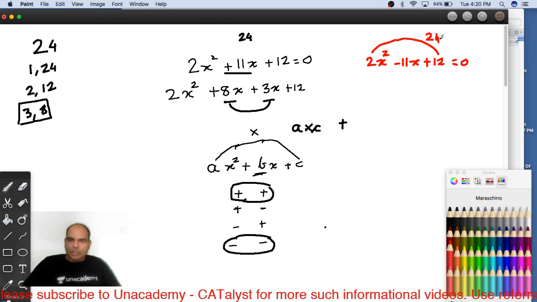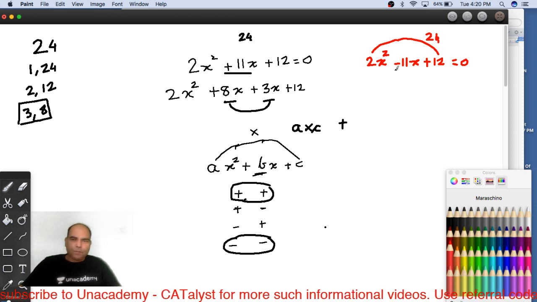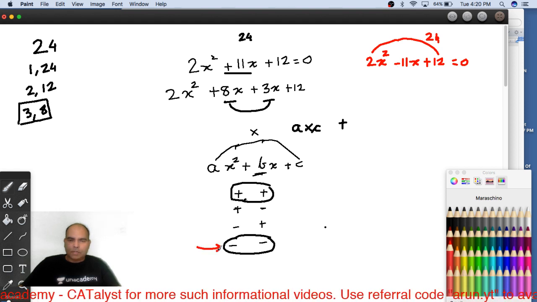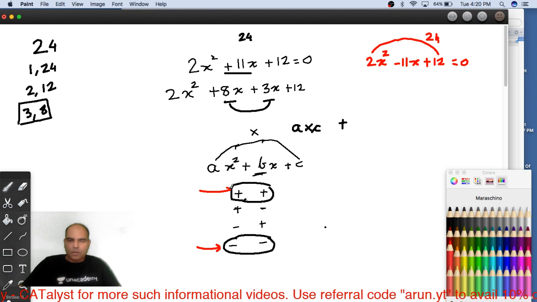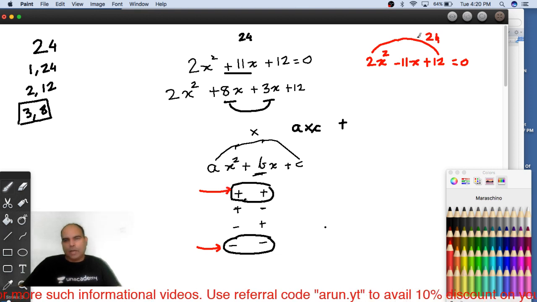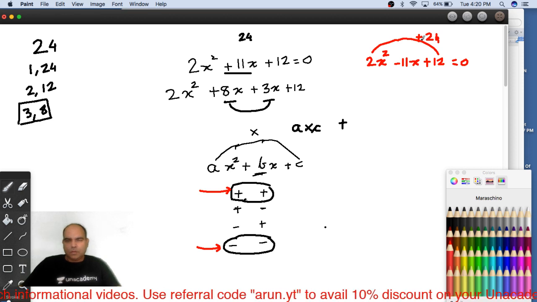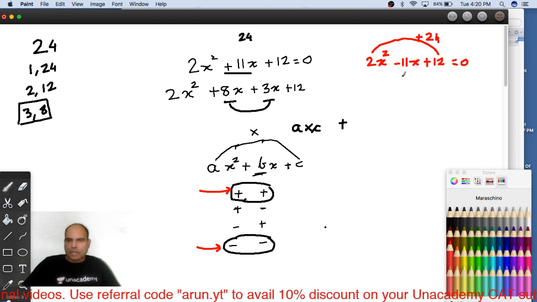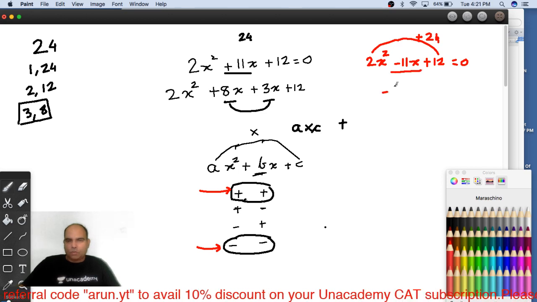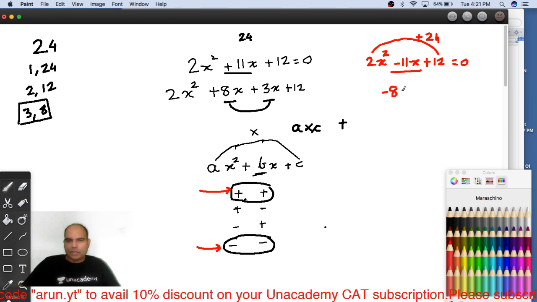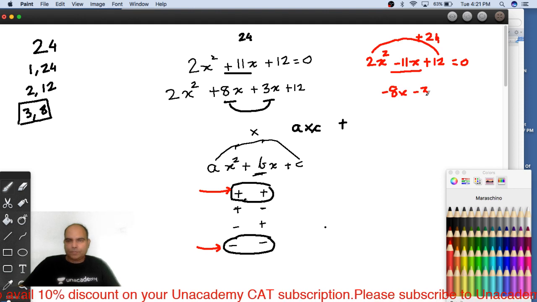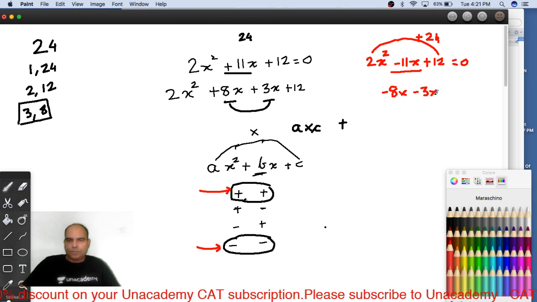And since you want the product to be plus 24, the signs of the split, both the sides of the splits have to be equal. It has to be either plus plus or minus minus, since you want a into c to be a positive product. So in this situation, and since you need to make the middle term to be minus 11, your split will be minus 8x and minus 3x. That's how the split will happen in this scenario.